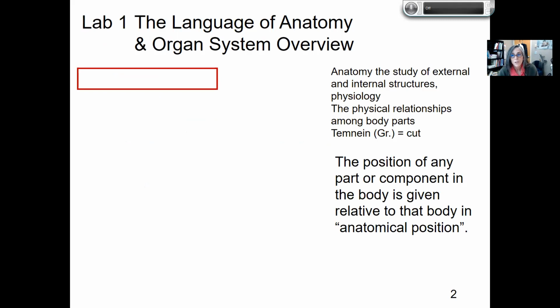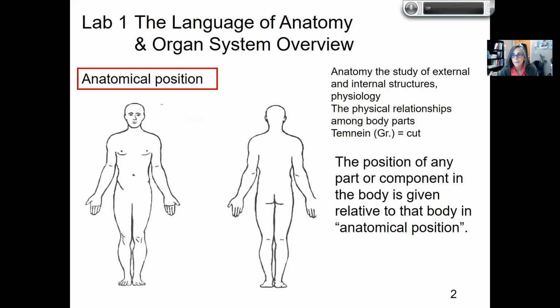Okay, so I'm going to go into a little bit of the anatomy portion of it. Everything that is talked about in anatomy is talked about in a specific position, what we call our anatomical position. And here we have an example of it. I'm going to try to use the laser pointer. As you can see, the easiest thing is that you are face forward.